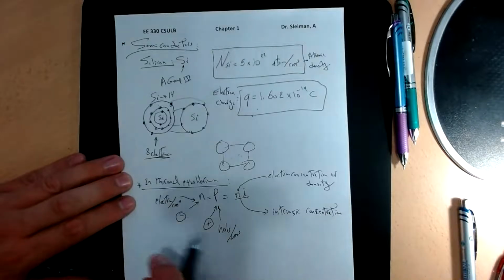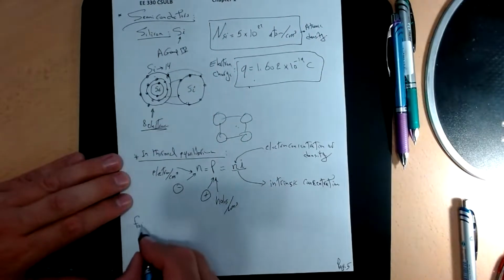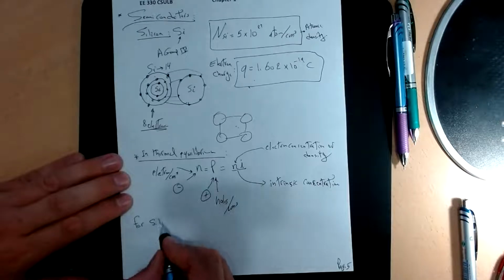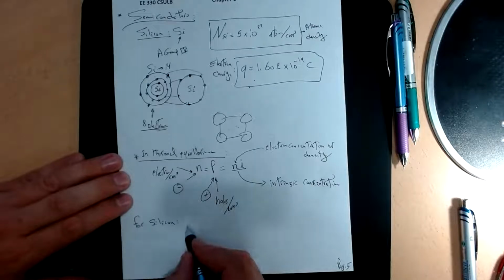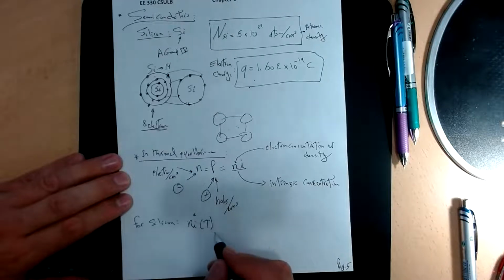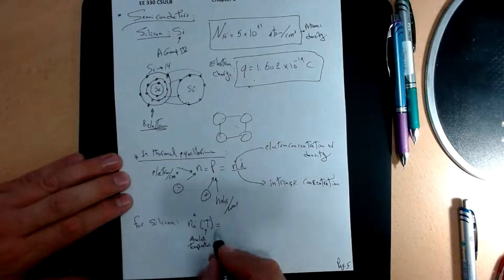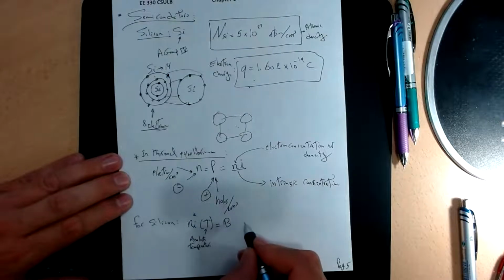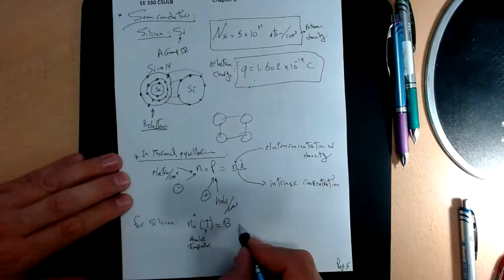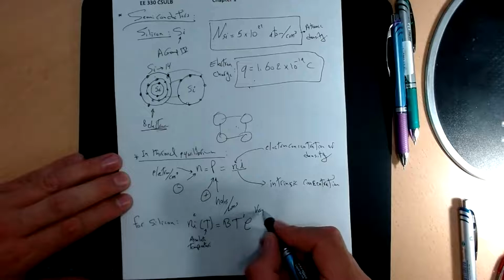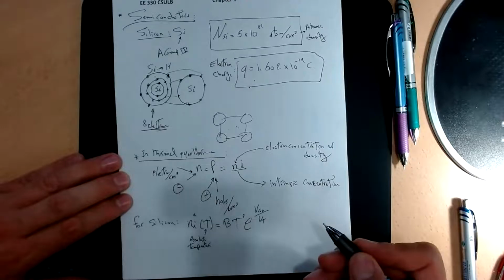So for silicon, ni square multiplied with the absolute temperature is equal to just any constant multiplied with the temperature cubed, e to the power Vg0 divided by Vt.